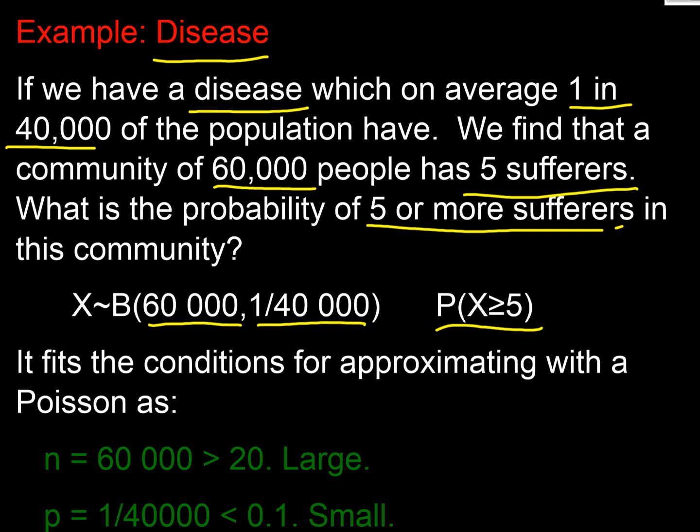So does this fit the criteria we've set? Yes, it does, because n is 60,000. That's much more than 20 that we talked about on the last slide. That's large. We could say very large, and p is 1 in 40,000. Well, that's much less than 0.1, and that's very small.